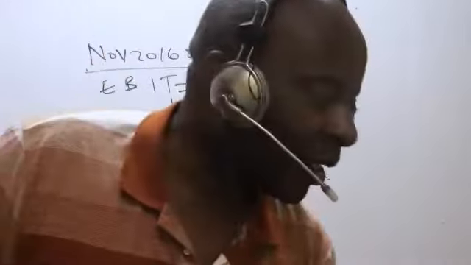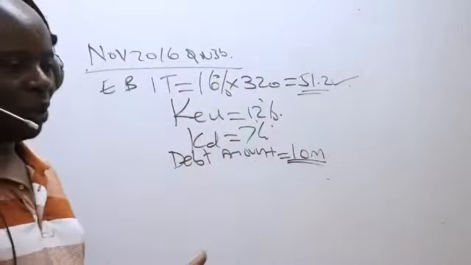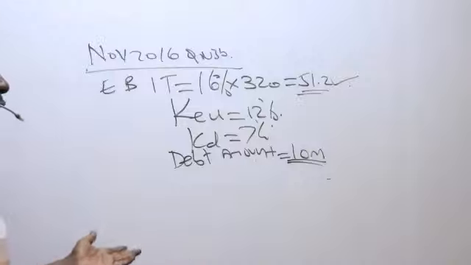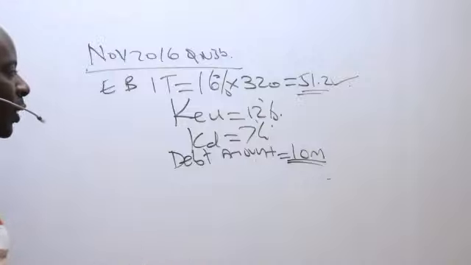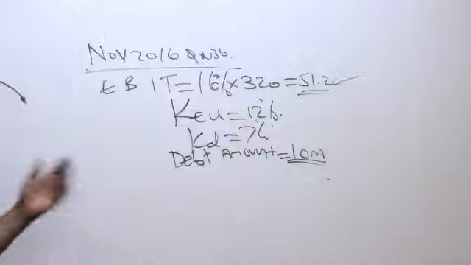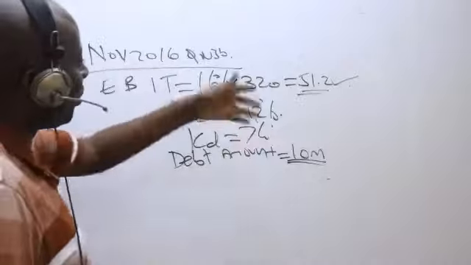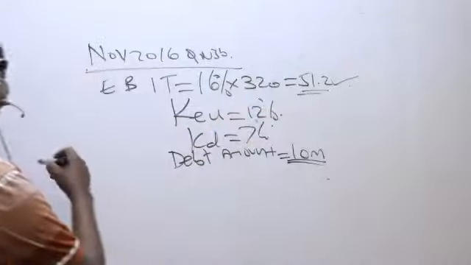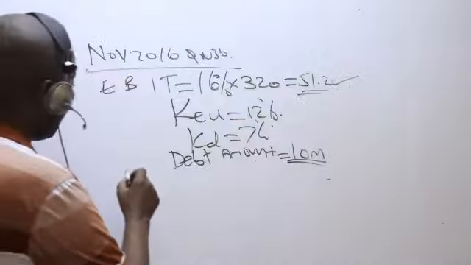This is very straightforward. They want you to get the value of this unlevered firm. I know the formula is the same. EBIT will be constant like that. It's my cash flow, which I would want to discount.